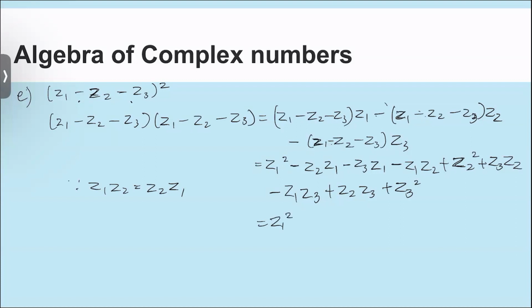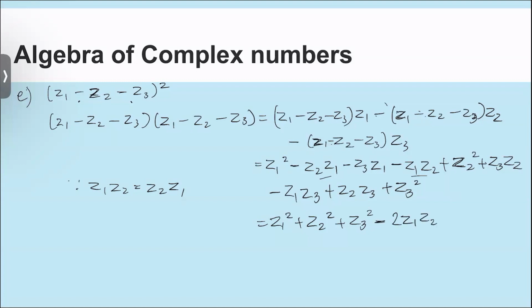Let's take all the squared terms on one side, plus Z3 squared, and then you have Z2 Z1 and Z1 Z2. So there's a negative sign, so this will be minus 2 Z1 Z2.